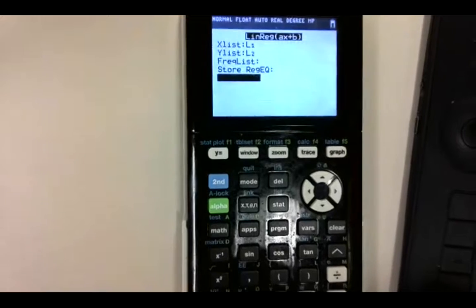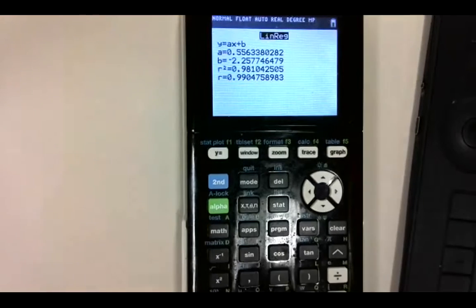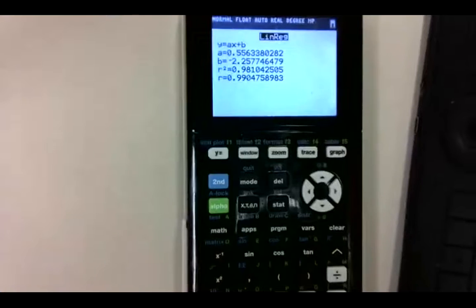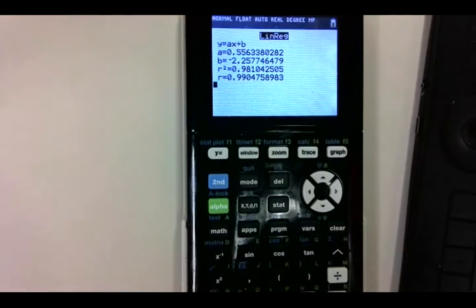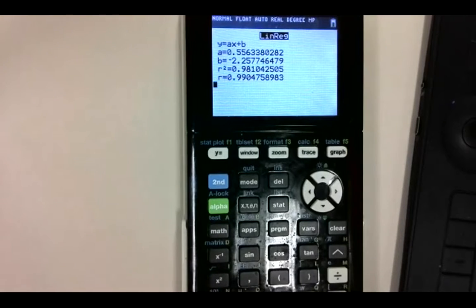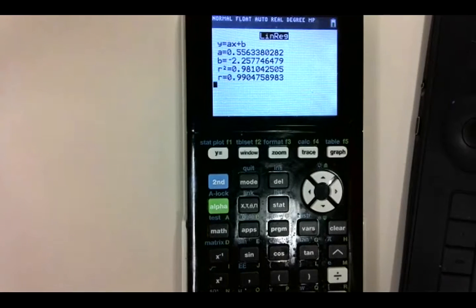So if I hit enter all the way through, my equation is 0.556 for my A. My B is negative 2.26. There we go. So I'm going to go ahead and write that down.